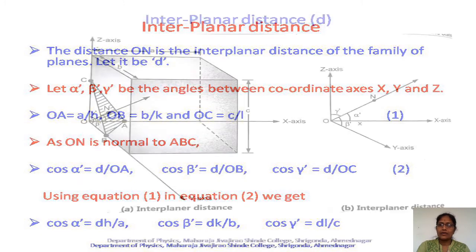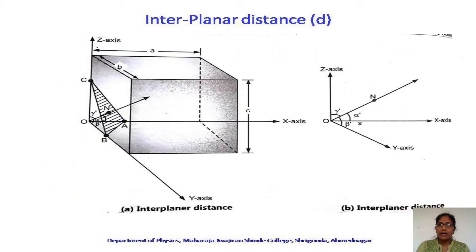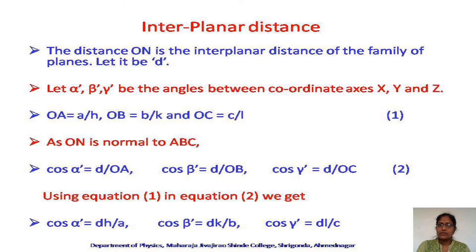I have already told you that along x the length is a, along y the length is b and along z the length is c. Hence, OA is a upon h, OB is b upon k and OC is c upon l, and ON is d. Now calculate cos alpha dash, or cos alpha.